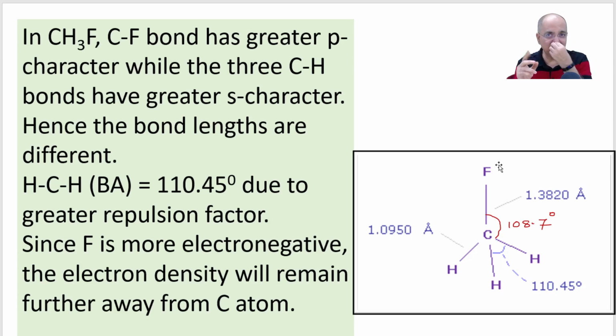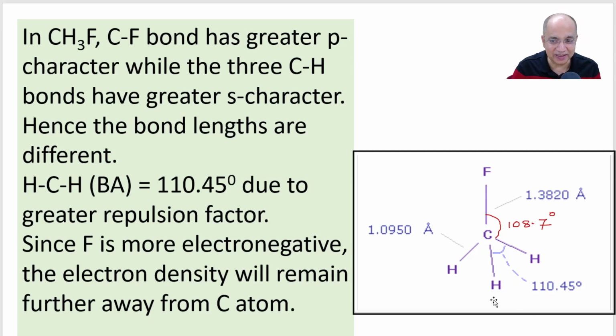So here we have two generalizations. The more the s character in the bond, the stronger the bond and the shorter the bond length. We have already known that. And because of the greater s character, the bond pair repulsion will also be more. That will make the bond angle more.